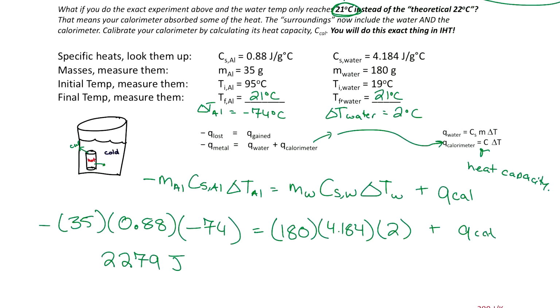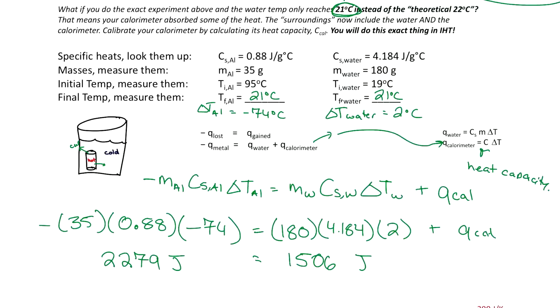But let's calculate how much energy did the water actually gain. 180 times 4.184 times 2 is equal to 1,506 joules. So look, we just calculated the piece of metal lost about 2,000 joules of energy, but the water only gained about 1,500 joules of energy.